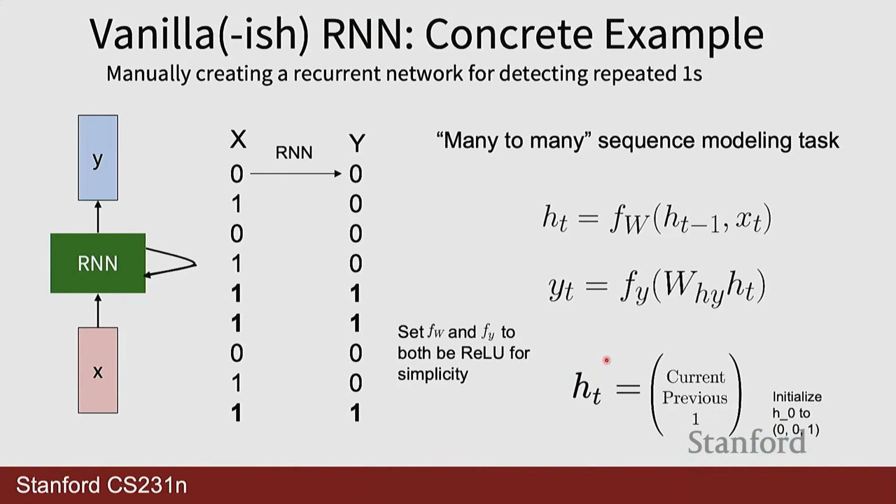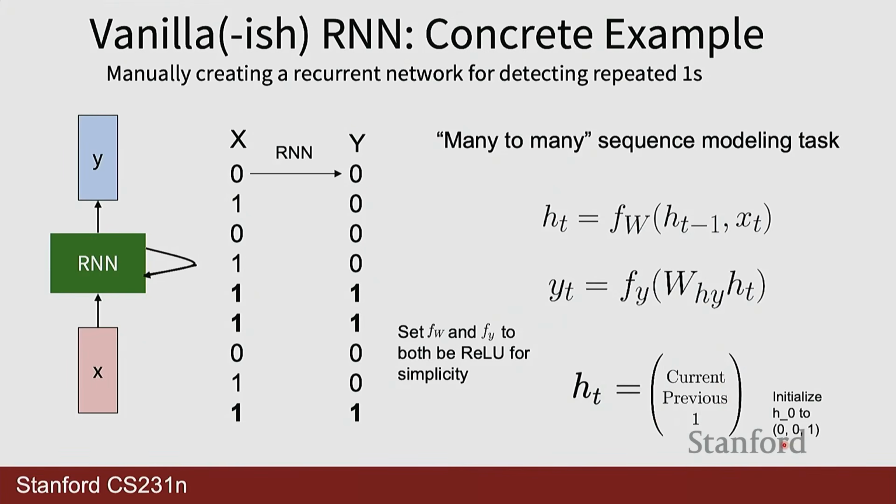The way I'll do this is I'll set the hidden state h_t to be a three-dimensional vector. The reason it's 3 is that this 1 will come in handy when we're doing the output stage calculation, but you could probably construct one without a 1 here. This is just to make the math easy and simple for the purposes of the lecture today. The other information is the current value, which will be either 0 or 1, along with the previous value, 0 or 1.